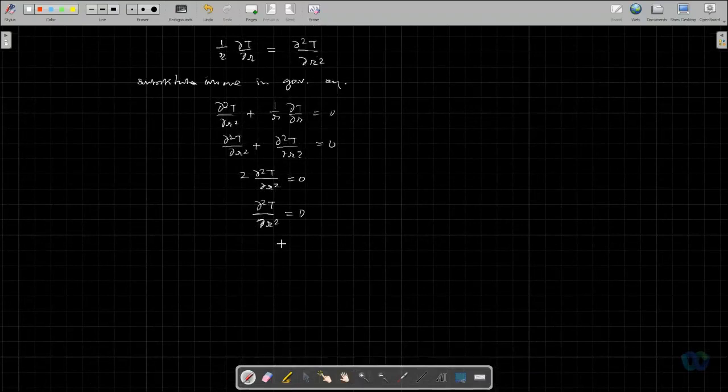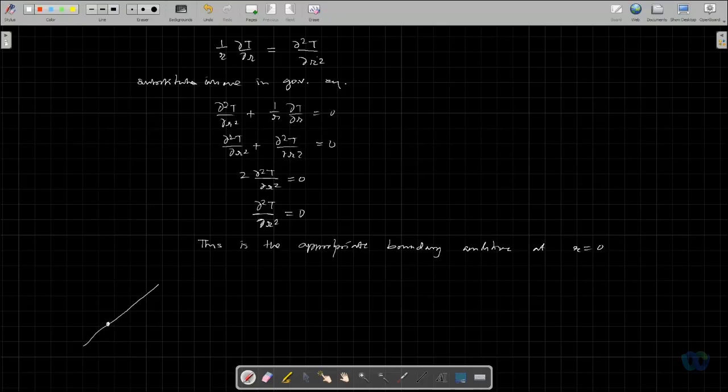So now this is the proper, appropriate boundary condition at r is equal to 0.